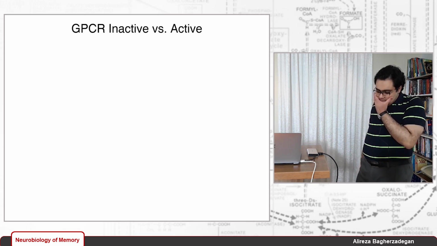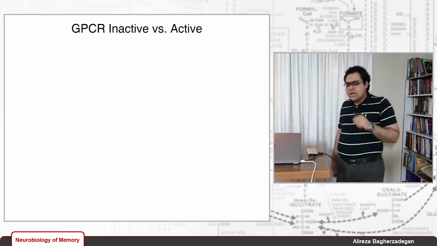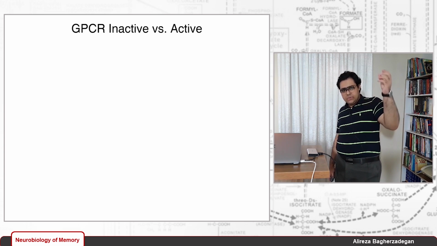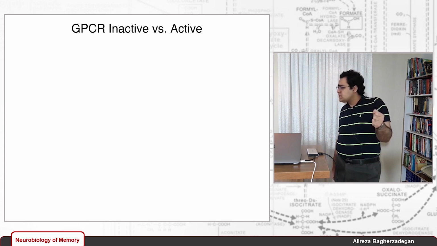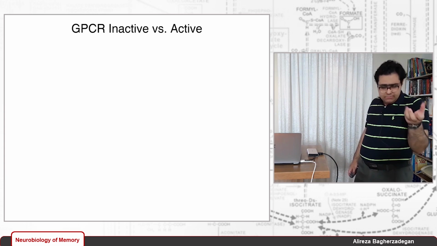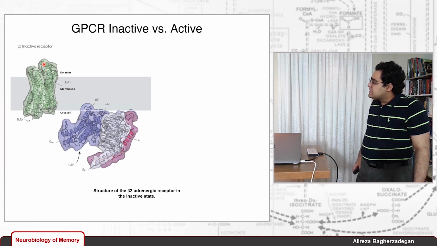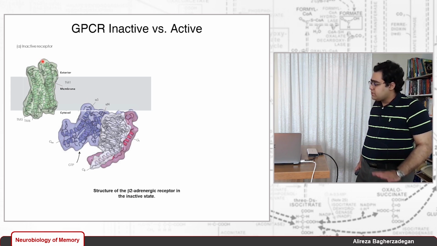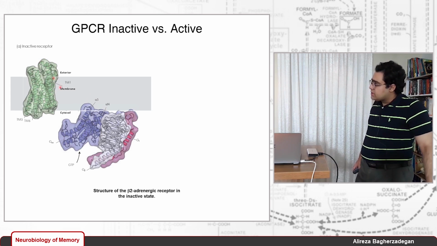So now let's see. I told you when a signal comes in, or when a ligand binds to a G protein coupled receptor, it makes it activated. It makes it active. So you can see here that this is the same beta-2 adrenergic receptor that we saw in the previous slide. This is in its inactive state when there's no adrenaline, no ligand bound to it.